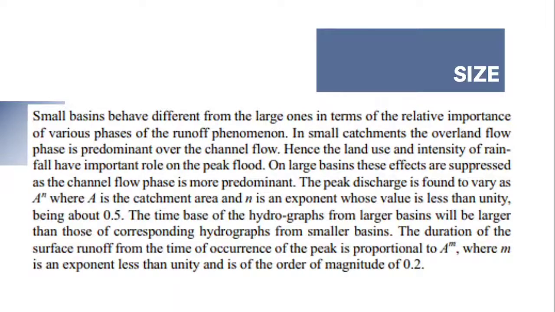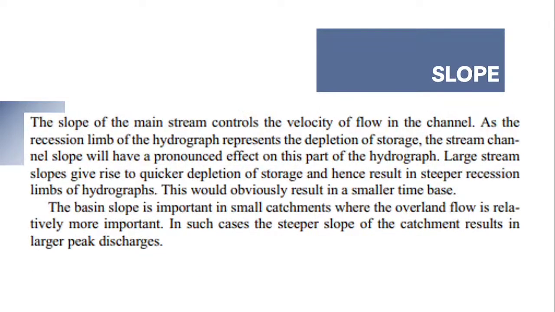So the duration of the surface runoff from the time of occurrence of the peak is proportional to A raised to the power of m, where m is an exponent less than unity and is of the order of magnitude of 0.2.